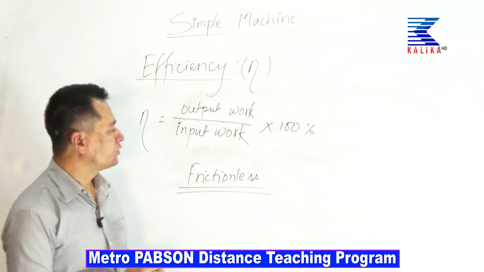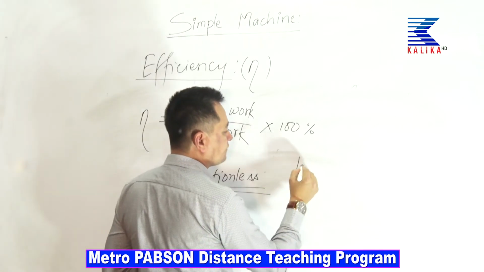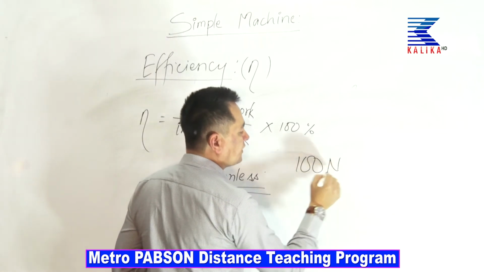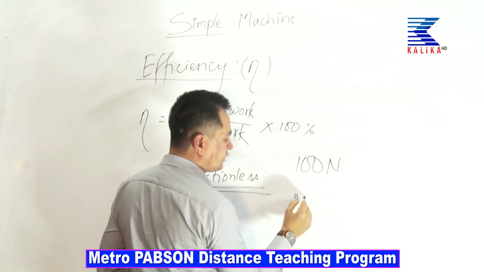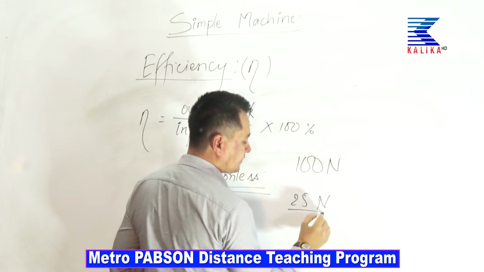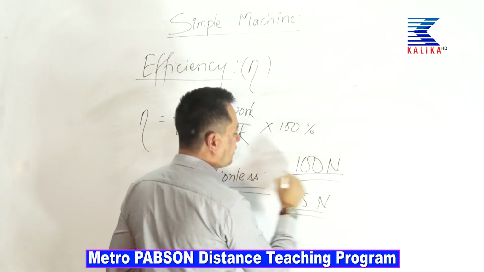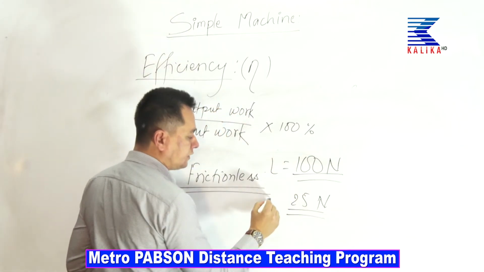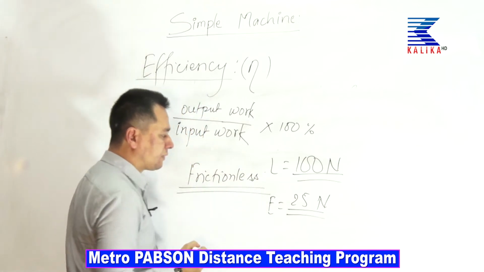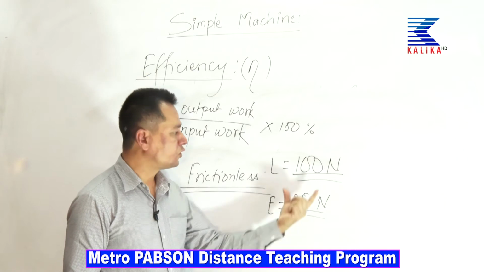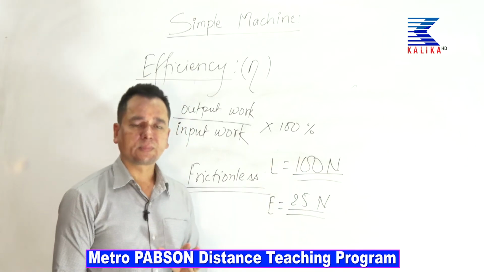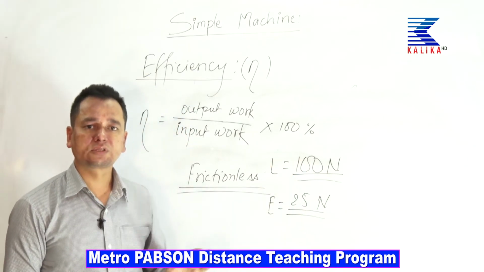Then suppose to overcome a load of 100 Newton, we apply just 25 Newton of effort. To overcome a load of 100 Newton, we need to apply 25 Newton of effort. This much effort is sufficient to overcome this much load, supposing the machine is 100% frictionless.